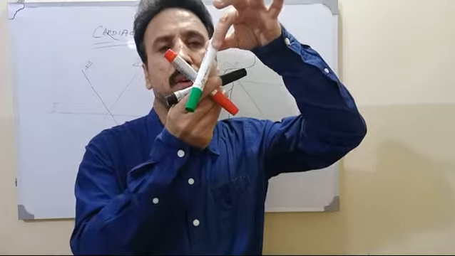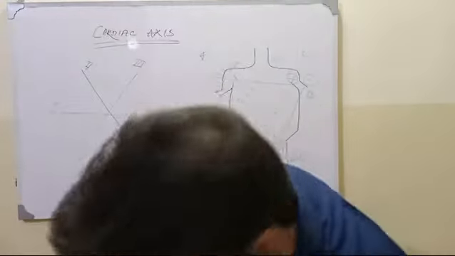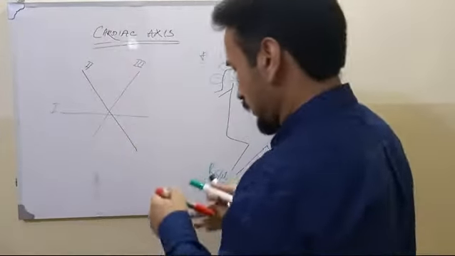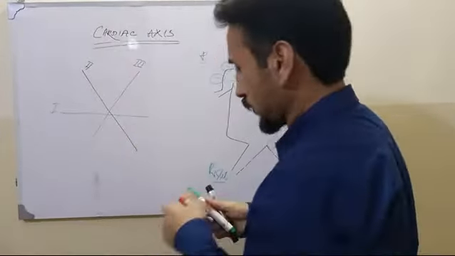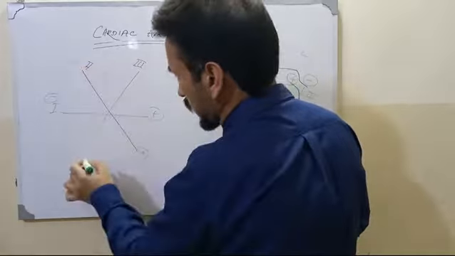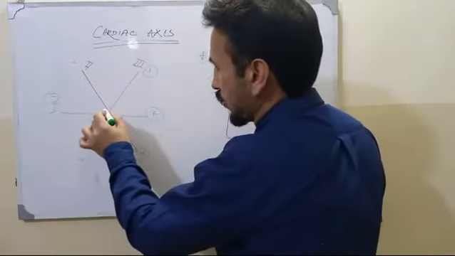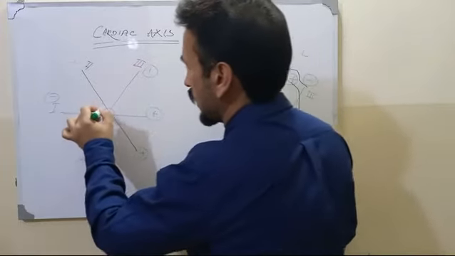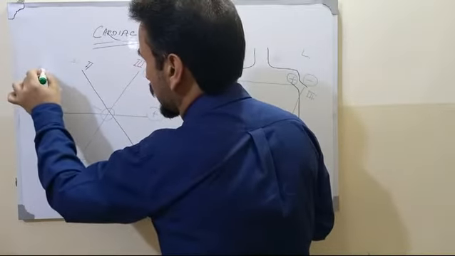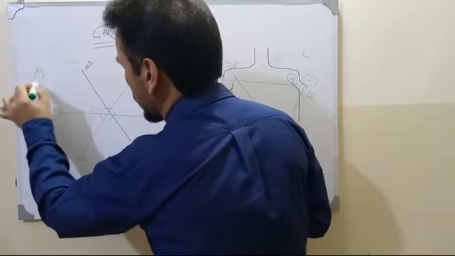Now if we look at this diagram, this is lead 1, moving from this negative pole to the positive pole. Again, this is lead 2, negative to positive, and this is lead 3, negative and positive. They are intersecting each other at the AV node. It has been imagined that they intersect at the AV node.